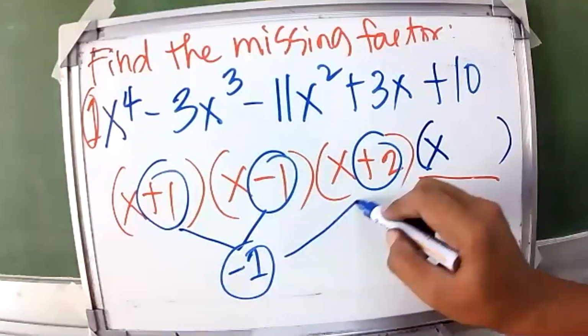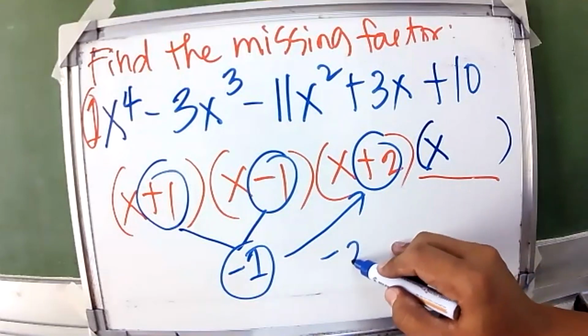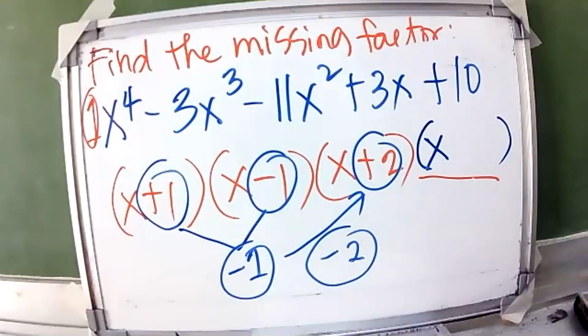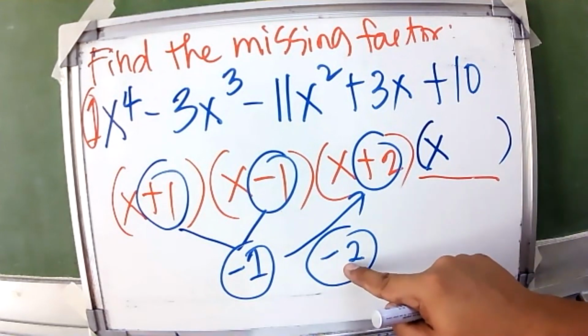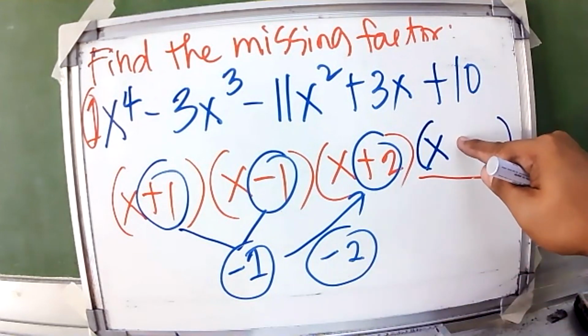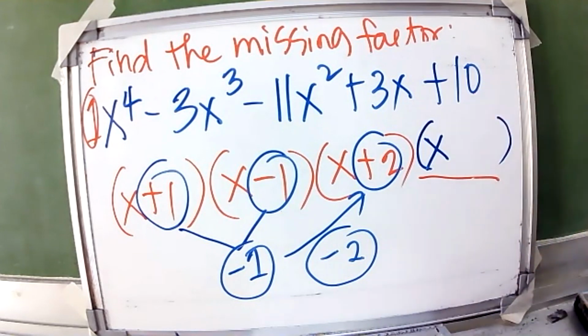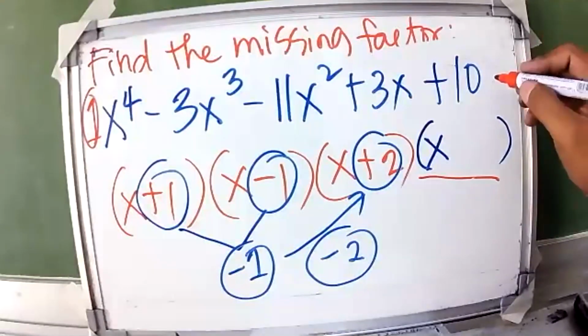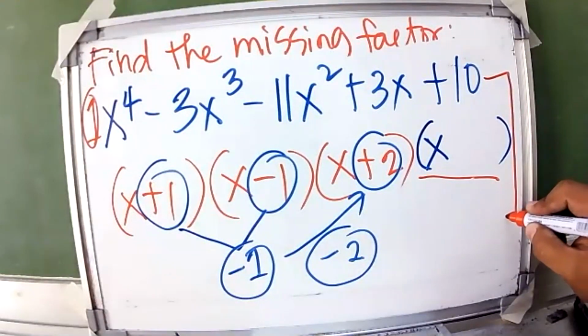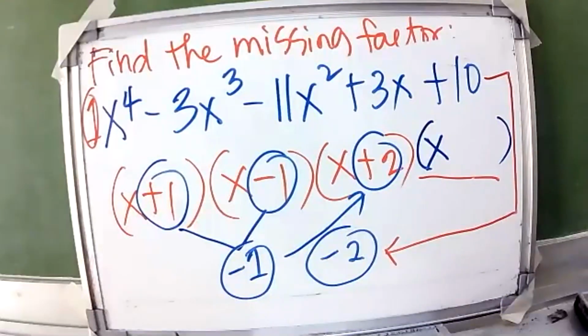Negative 1 times 2, that's negative 2. If it's negative 2, what should be the remaining term here to get a positive 10? You just have to divide positive 10 divided by negative 2.